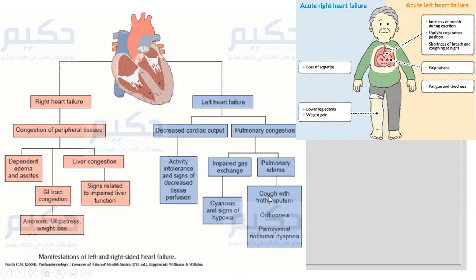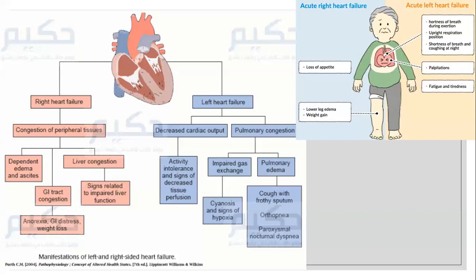So a persistent cough, with blood or frothy mucus, is the cardinal sign of left side heart failure. Shortness of breath, especially when the patient lies down in bed or wakes up from sleep due to shortness of breath, is a common sign. Also, patients generally feel weakness and fatigue.